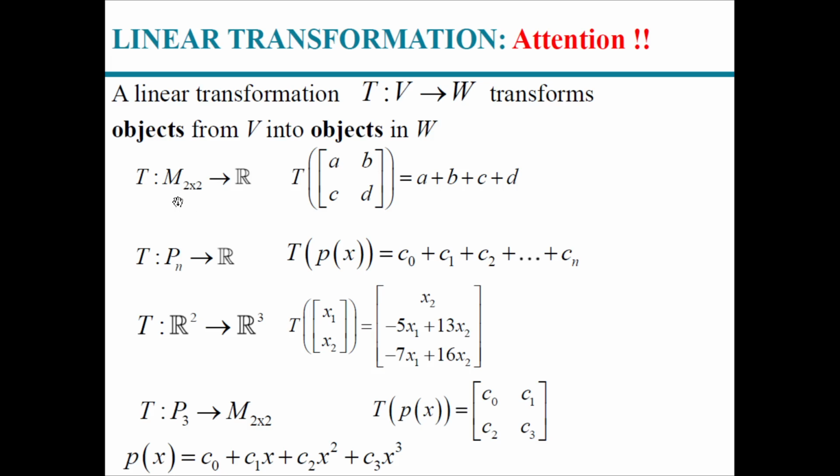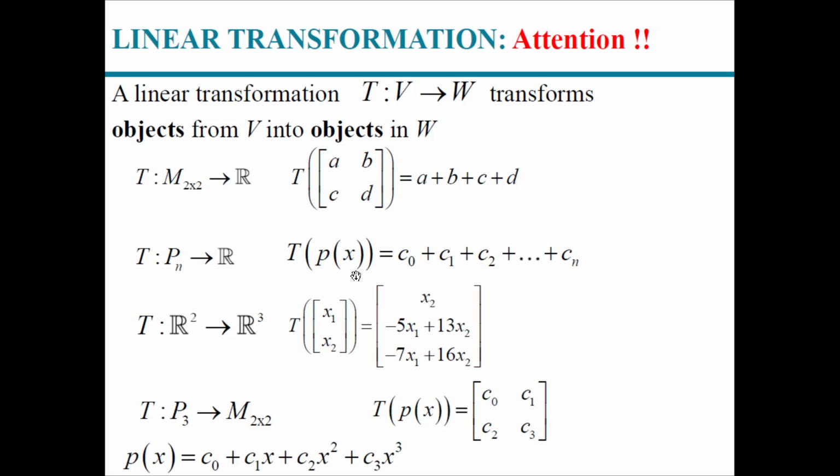Objects are just things that are not necessarily vectors. We will spend most of our time working with vectors, but all this theory is applied to many other linear spaces. Another example is a linear transformation working on polynomials of degree n, doing something to them and transforming them into real numbers.